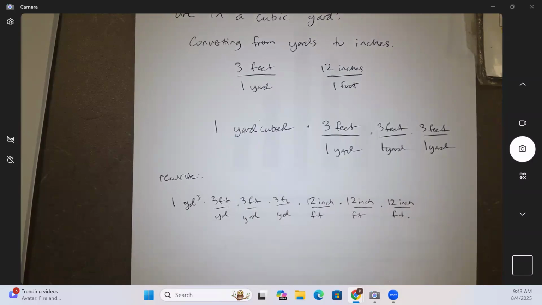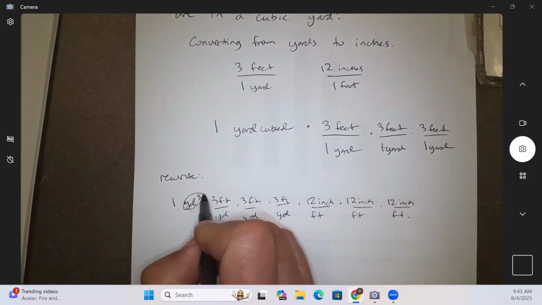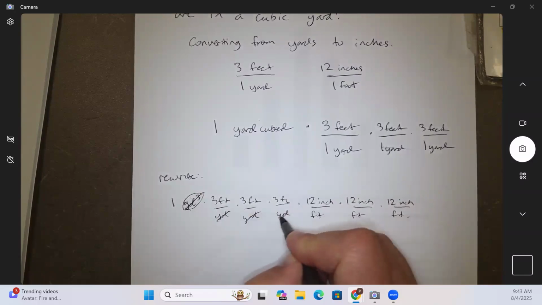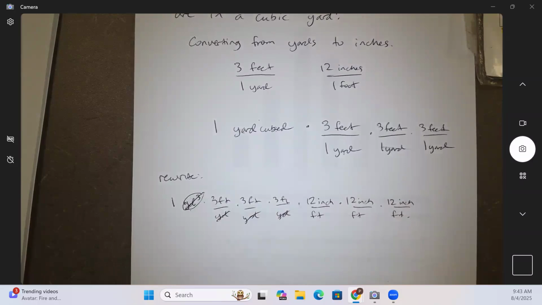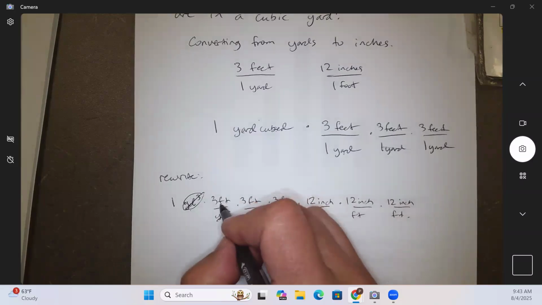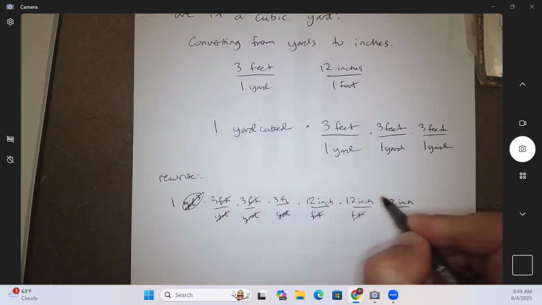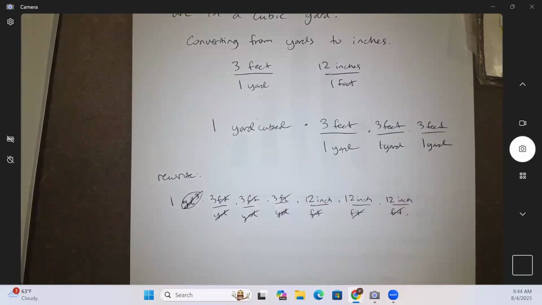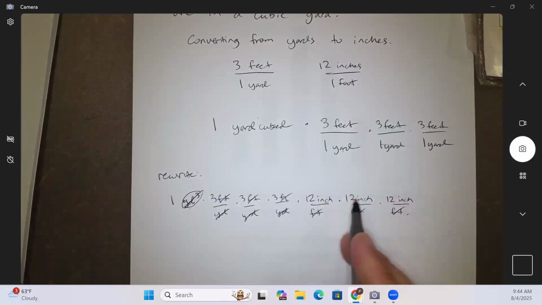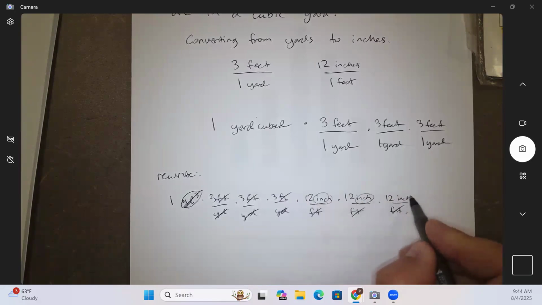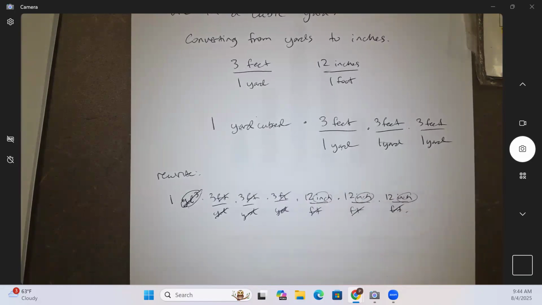Once I get them all listed out, yard cubed is yard times yard times yard. So that yard cube will cancel with those 3 yards in the bottom. And then each of these feet will cancel with each of those feet in the bottom, leaving me in inches cubed, which is what I want.